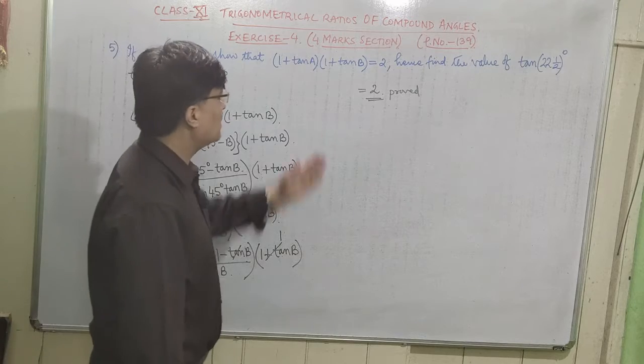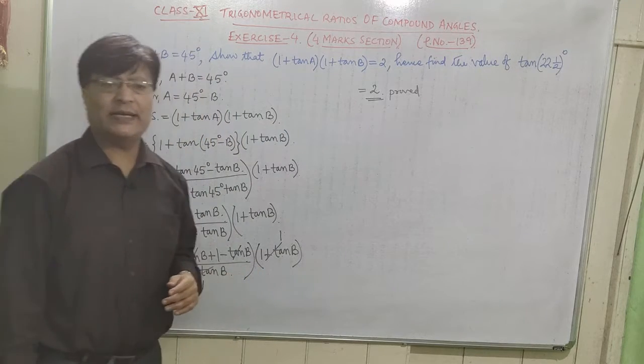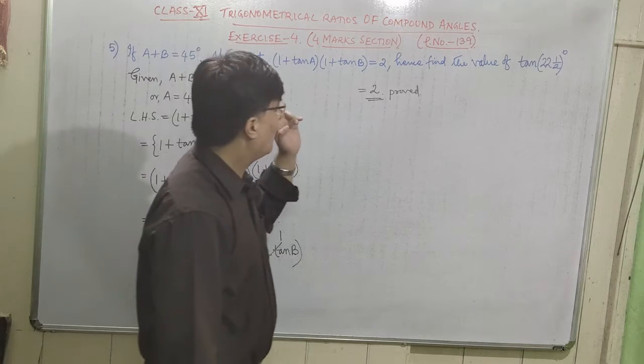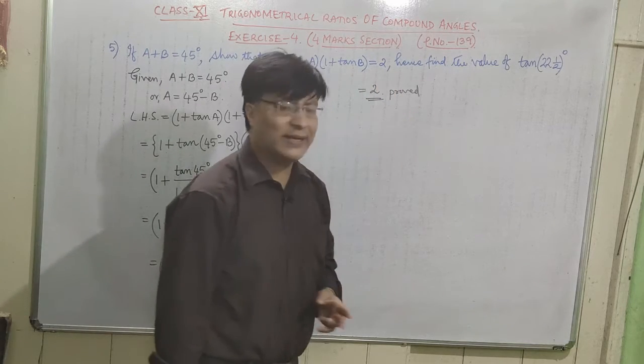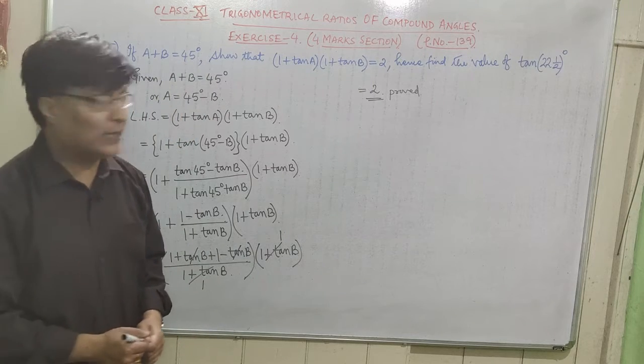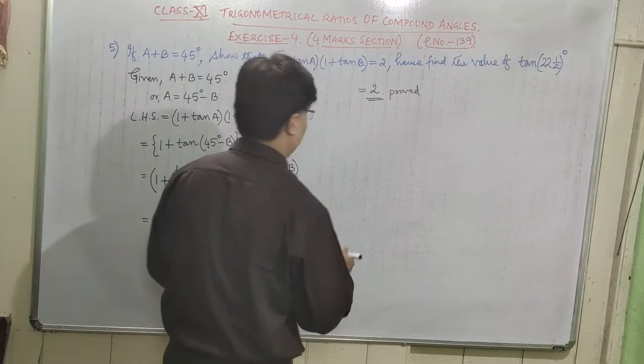Now we have proved the first part, that is (1 plus tan A) into (1 plus tan B) is equal to 2. Hence, from this proof, you have to get the value for tan 22.5 degrees. So let us find it now.